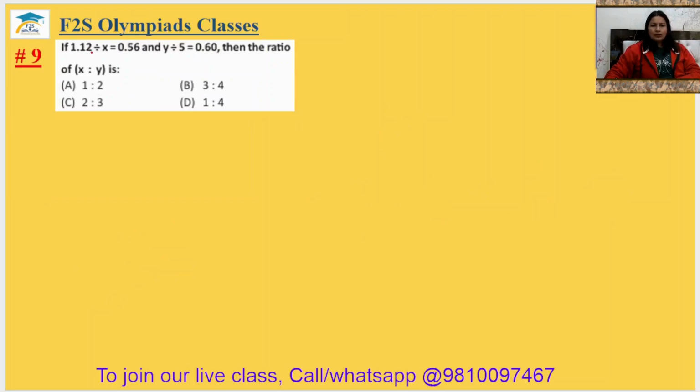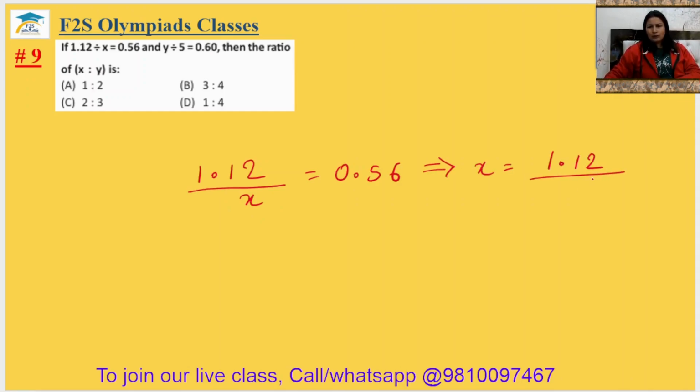Question number 9. 1.12 divided by x equals this, and y divided by 5 equals this, then find the ratio. First find the value of x. So 1.12 upon x equals 0.56. This implies x equals 1.12 upon 0.56. The decimal goes away. 56 twos are 112, so x equals 2.